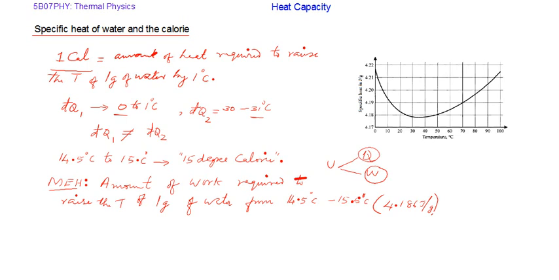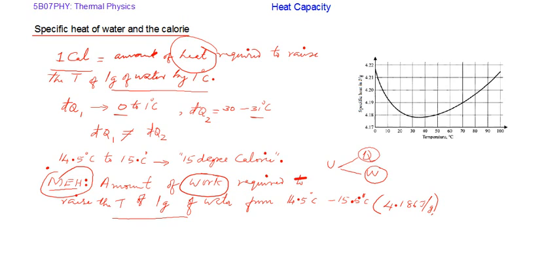And later, you know that this mechanical equivalent of heat was defined in terms of work, and here calorie was defined in terms of heat, and both the conditions were the same. We have to raise the temperature of 1 gram of water by 1 degree Celsius. So we can say that logically 1 calorie should be numerically equal to the mechanical equivalent of heat. That is a very direct logical conclusion.